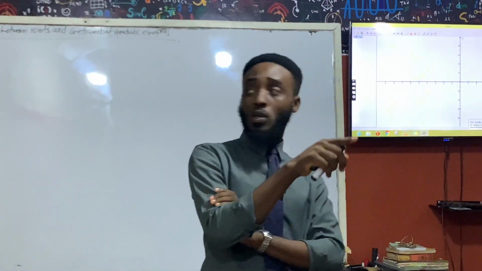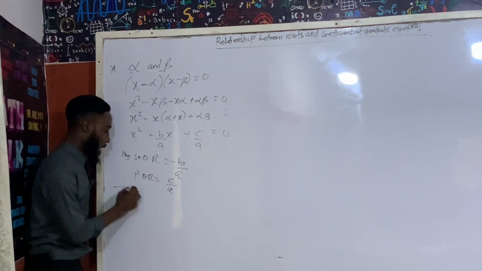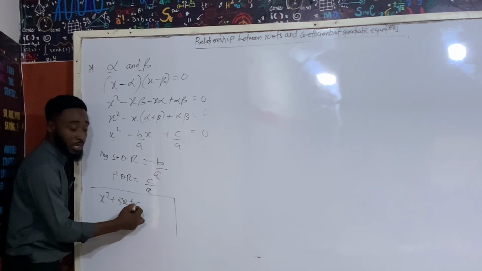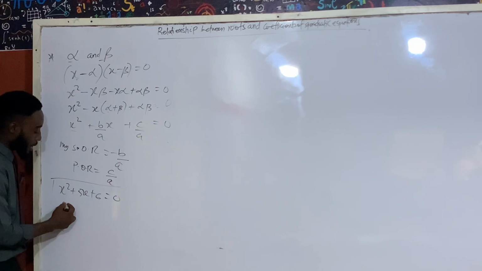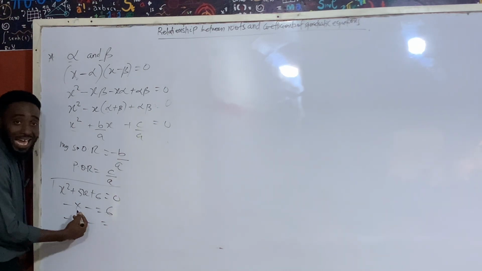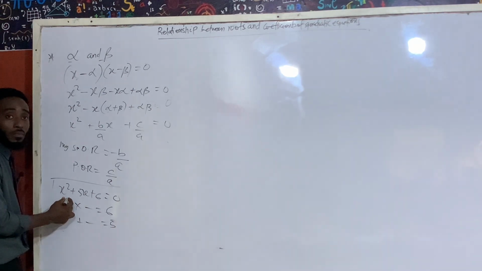Do you get that? So let's take our favorite equation we use a lot of times. Everybody here knows x squared plus 5x plus 6. What are the roots? What two numbers do I multiply to get 6 and add to get 5?